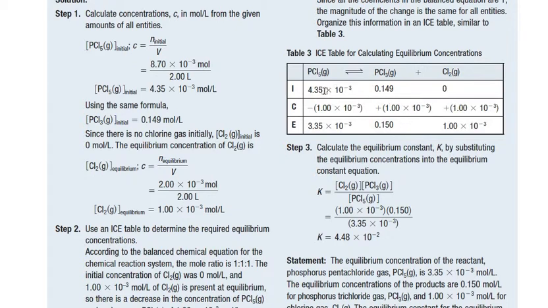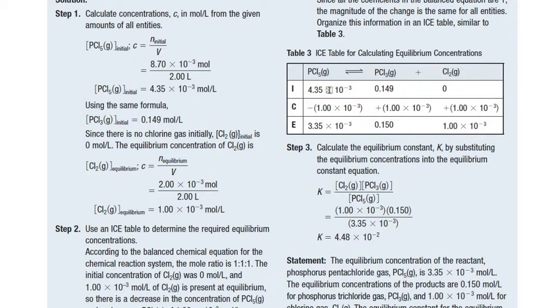Initially we have none of this, but we have the equilibrium concentration of chlorine. So the change from 0 to 1 times 10 to the power of negative 3 is the same number. When this one is produced, the same amount is produced for PCl3 and the same amount is reduced from PCl5. That's why we can find the equilibrium concentration for PCl5 and PCl3.